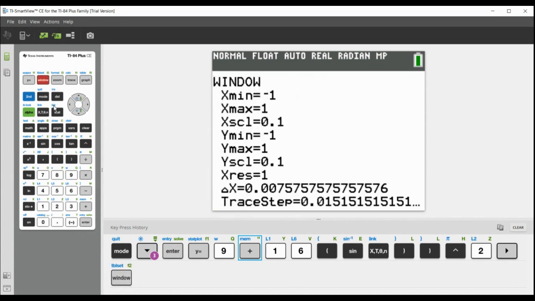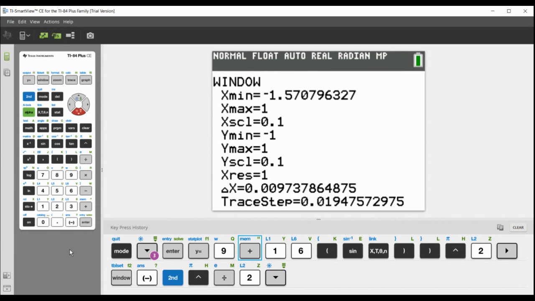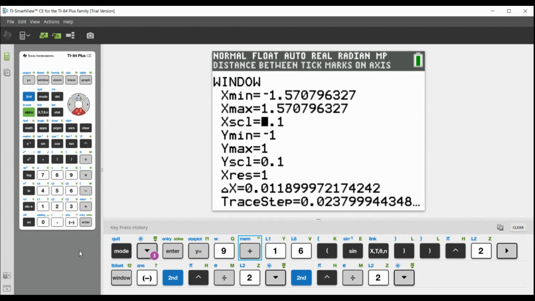So I'm going to write my limits from negative pi over 2 to pi over 2, since my two angles are negative pi over 2 to pi over 2. And for the scale, I'll just use pi over 4.